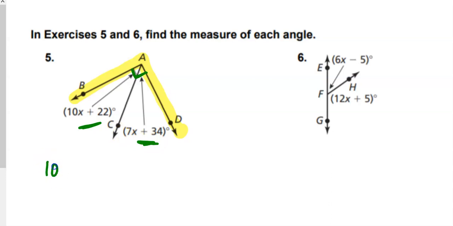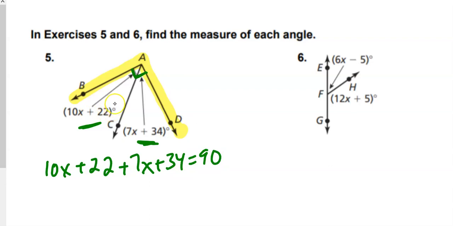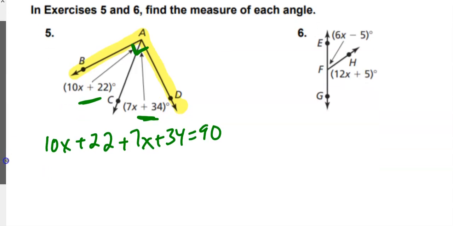So we can set up an equation from our diagram. Again, angle BAC plus angle CAD must equal that right angle. Now we've got a nice little equation we can solve here. Combine like terms, the 7x and the 10x.